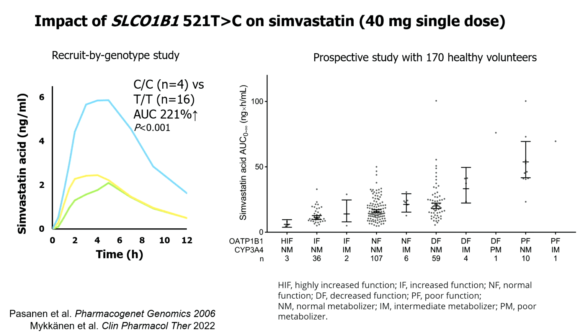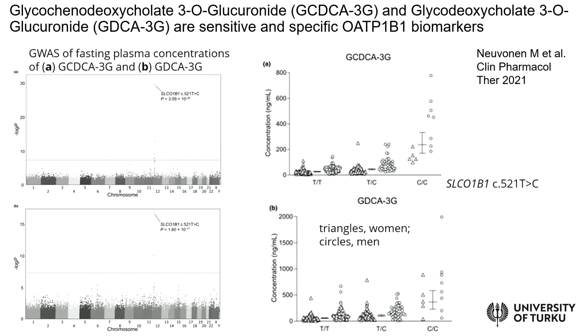So this just substantiates that it is a possible way, but of course you need this kind of variation to do a recruit by genotype study. But it could provide an alternative to this question.